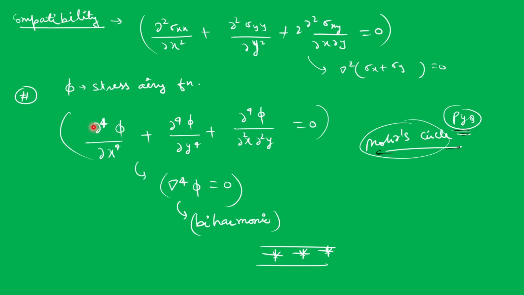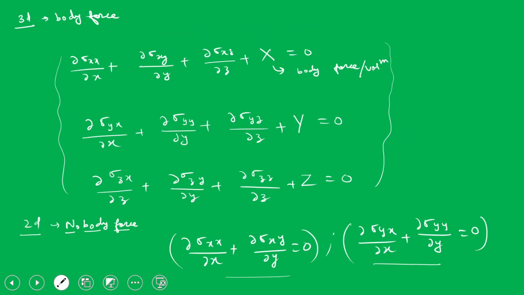Let's suppose that phi is any Airy stress function, then del power 4 phi by del x power 4 plus del power 4 phi by del y power 4 plus 2 del power 4 phi by del x square del y square is equal to 0, and it is given by del power 4 phi is equal to 0, and this is biharmonic in nature.